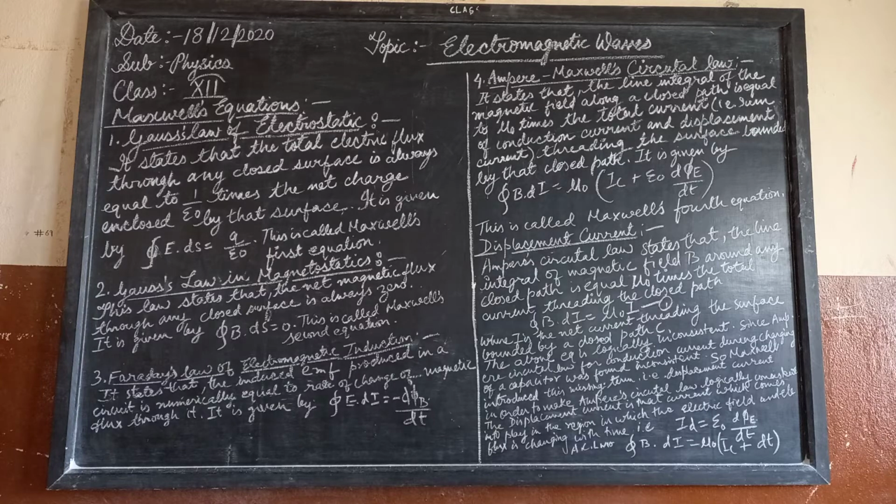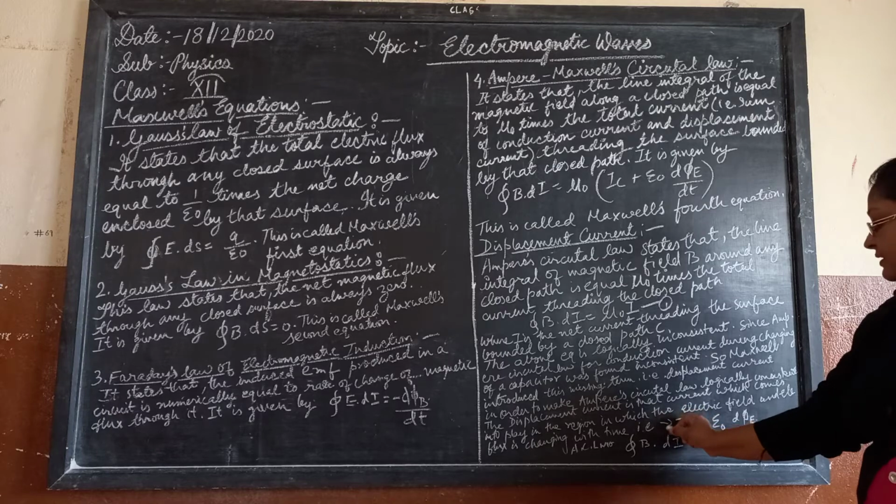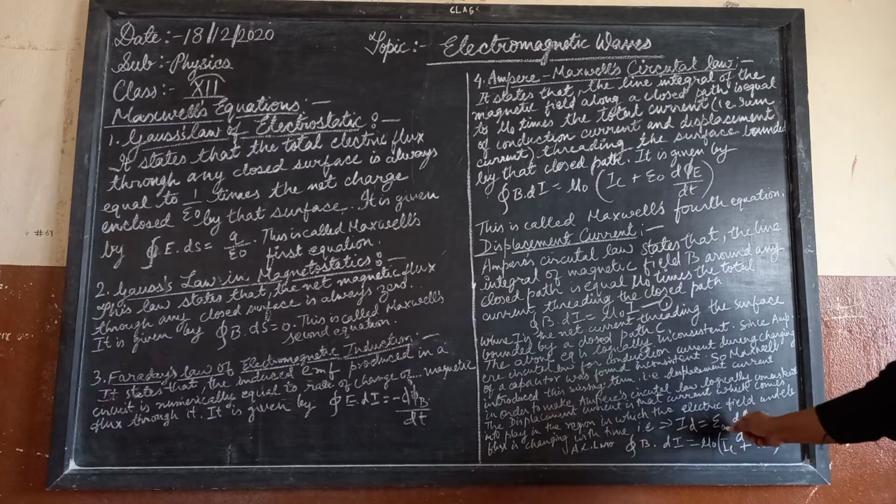Displacement current is that current which comes into play in the region in which the electric field and the electric flux are changing with time. This displacement current is given by ID equal to epsilon 0 d phi E upon dt.